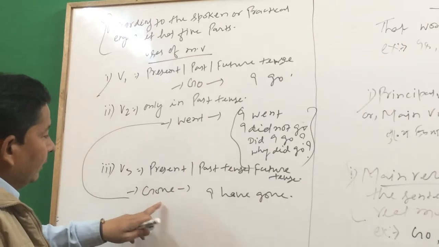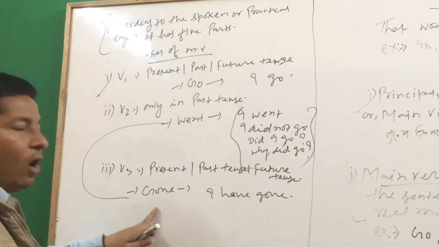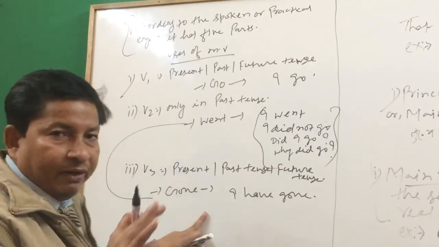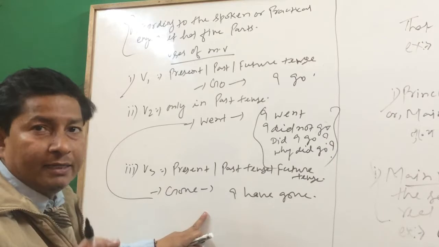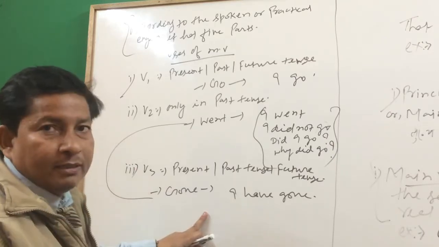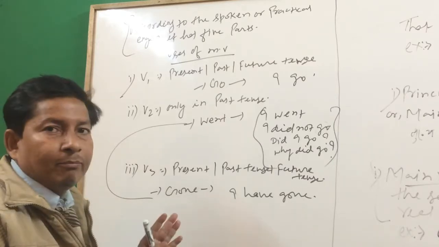See, this is greatly usable for you all to learn about that one. Gone. See, so past participle only; perfect will not be made without it, as well as passive voice. There is no passive voice where the V3 will not come.